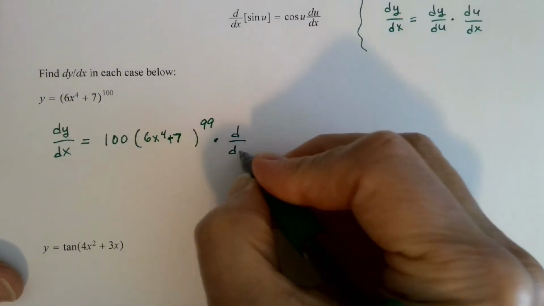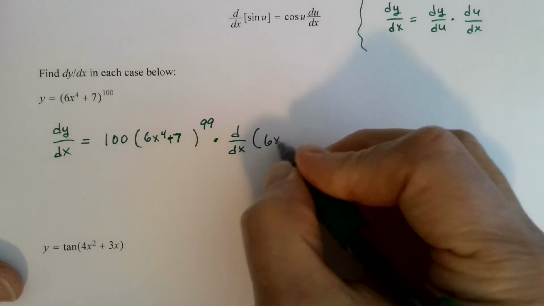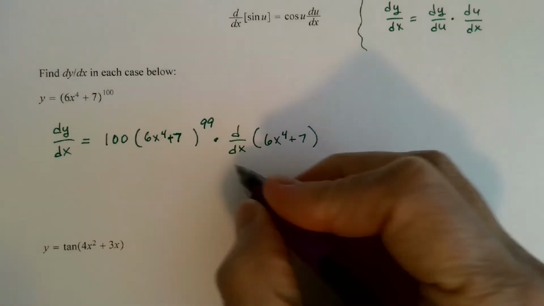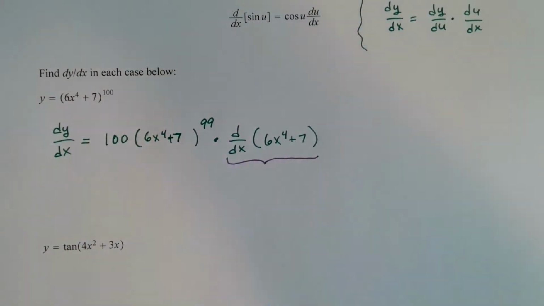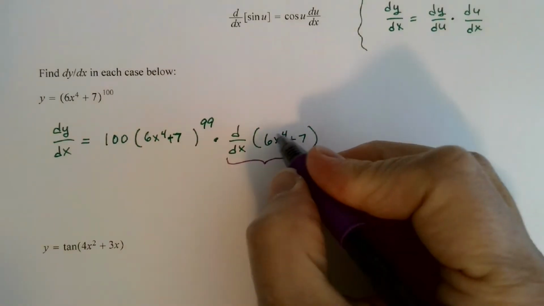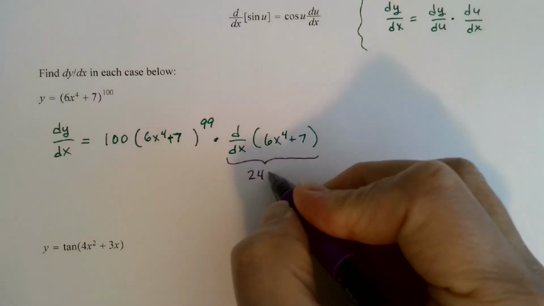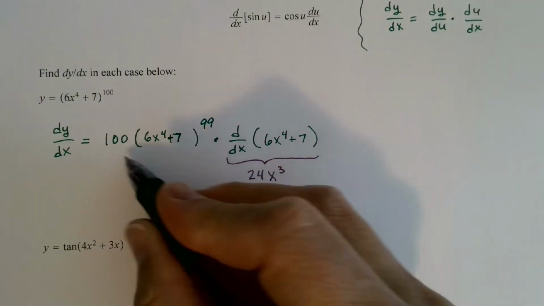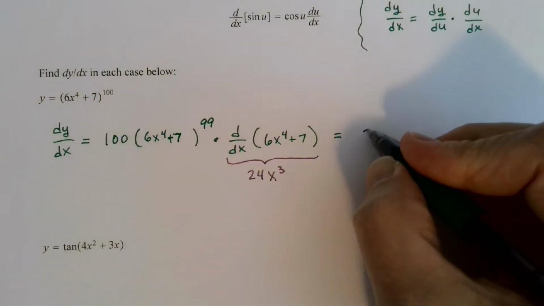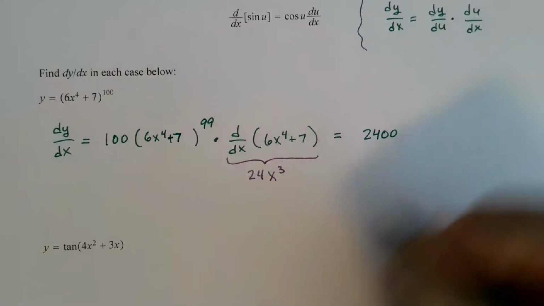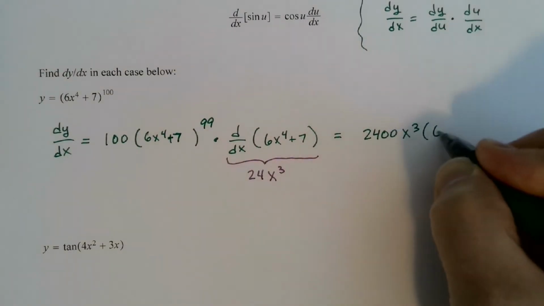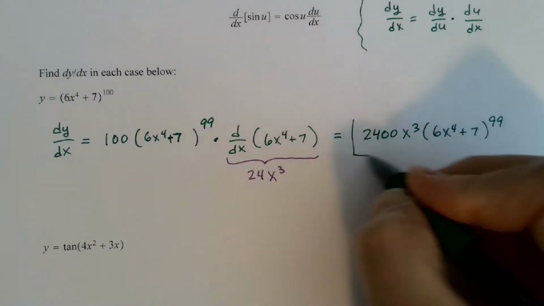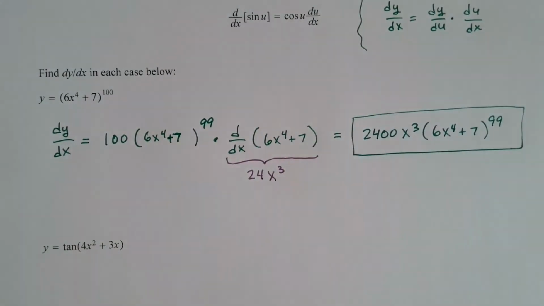So du/dx in this case would be the derivative with respect to x of 6x to the 4th plus 7. We can do that: bring the 4 down, I get 6 times 4 is 24x cubed. So if I multiply 24x cubed times the 100, my derivative is 2400 (24 times 100) x cubed, 6x to the 4th plus 7 to the 99th power. So that's chain rule, but again, we call that the generalized power rule in this case.